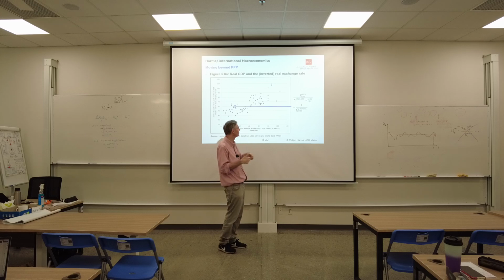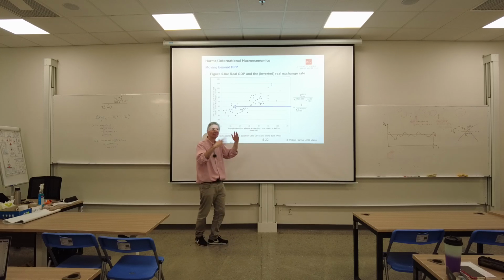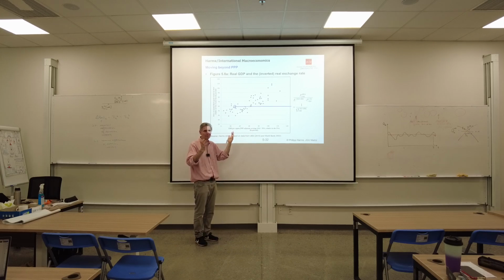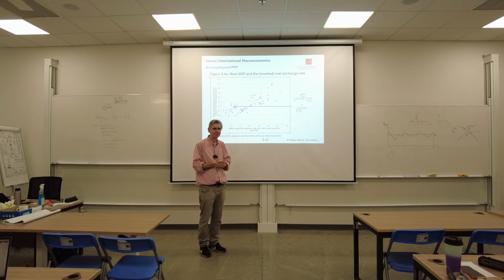Now, if you are a purchasing power parity nut, and you think this is the theory and there's nothing else, you would say this is just a coincidence. Because basically, it's not a problem that there are deviations from PPP. What is the problem here is that there's a systematic deviation. We see a pattern, and it's very strong. Rich countries are expensive, poor countries are inexpensive.